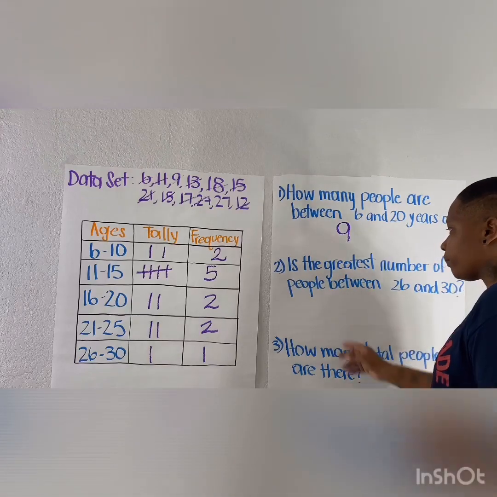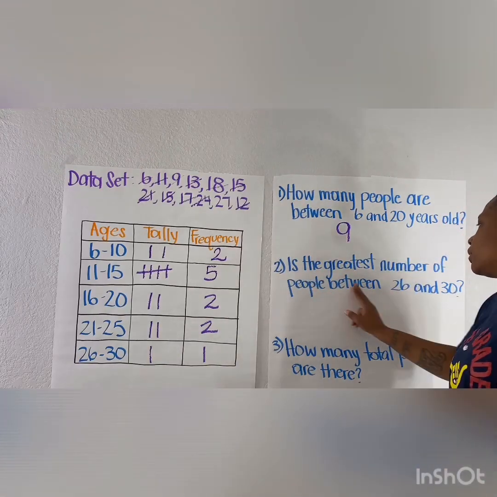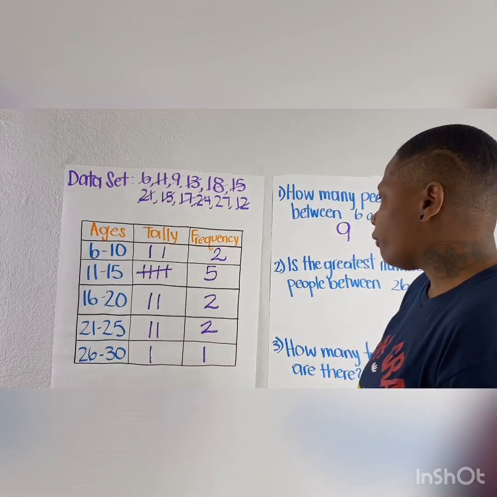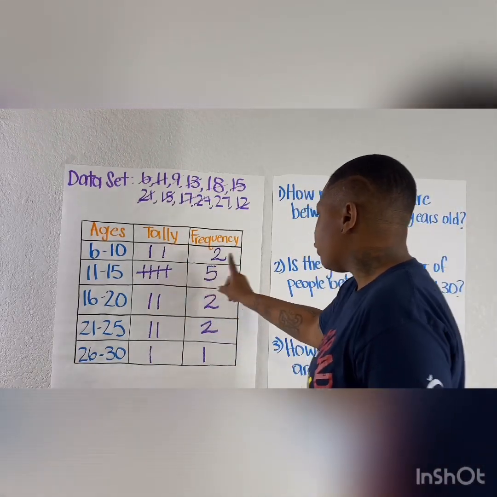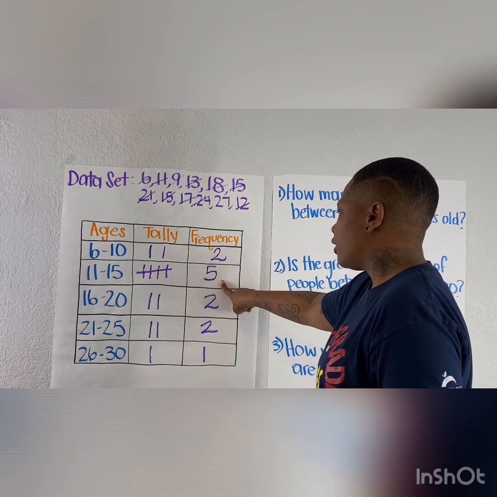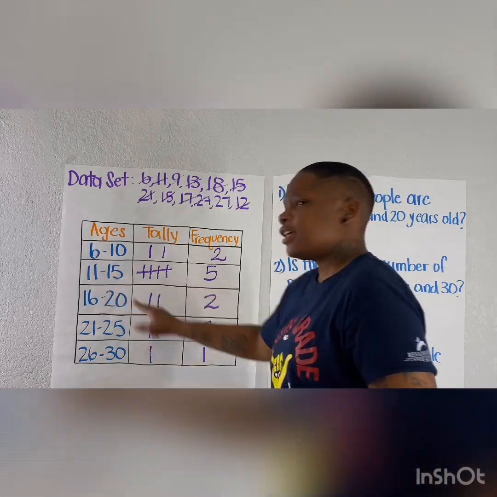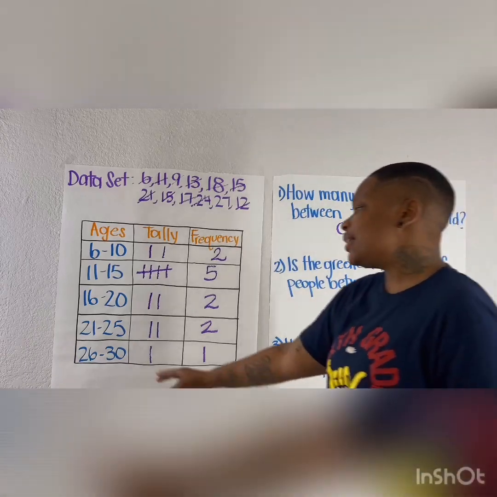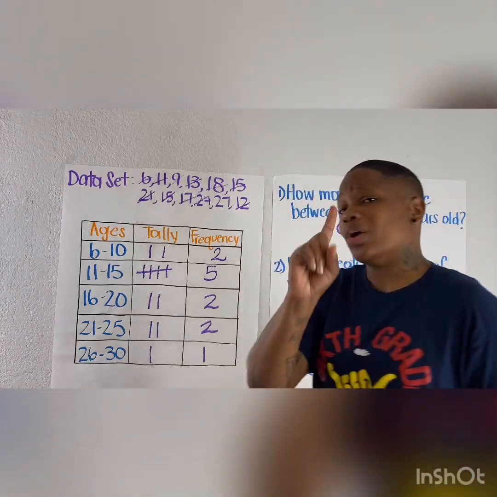Question number 2, is the greatest number of people between 26 and 30? So I take a quick glance back over here in my frequency table and I see the greatest number here is 5. And that's at 11 to 15. So it can't be that the greatest number of people are between 26 and 30 years old because that's only one person.